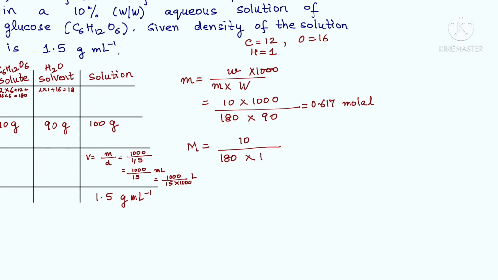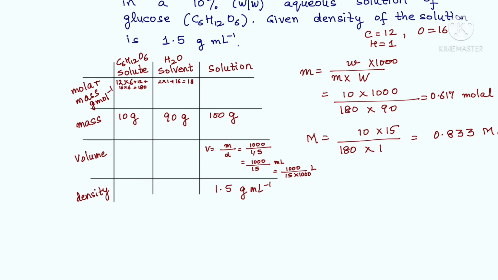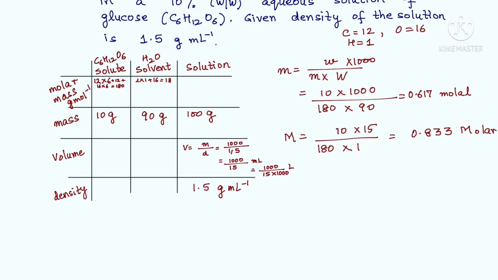So 1 by 15, 15 goes into the numerator and I get the value as 0.833 molar. Please check the calculations. I've tried to do my best, but we are all human, we may go wrong. So please check and let me know in case there is any error in this. Okay, no, the method is correct. Sometimes there are errors in the calculations, that's why I'm asking you to check.